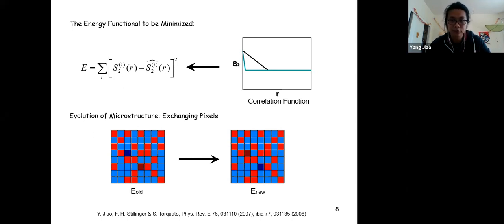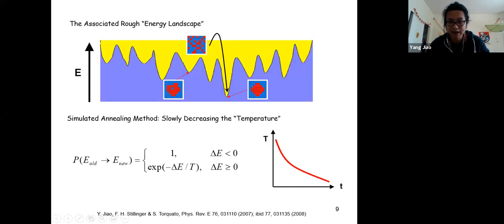And the way we do that is through stochastic optimization. So we continue these processes. We start with a random microstructure or given microstructure. We randomly select a pair of different pixels. We switch the pixels to generate a new microstructure. And then we compare the energy of the new and old microstructure, and we use simulated annealing to reduce its energy, but in a mild way.